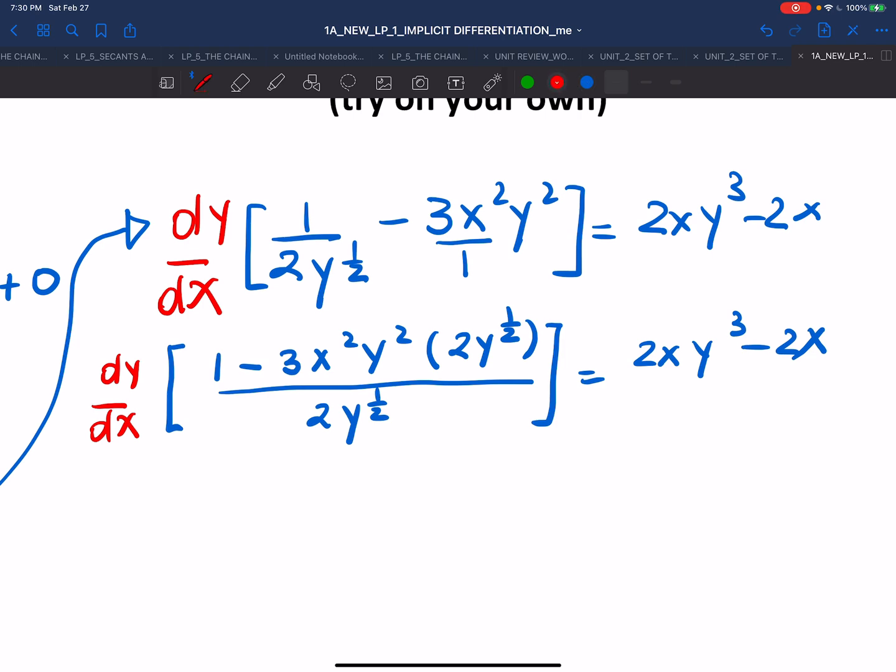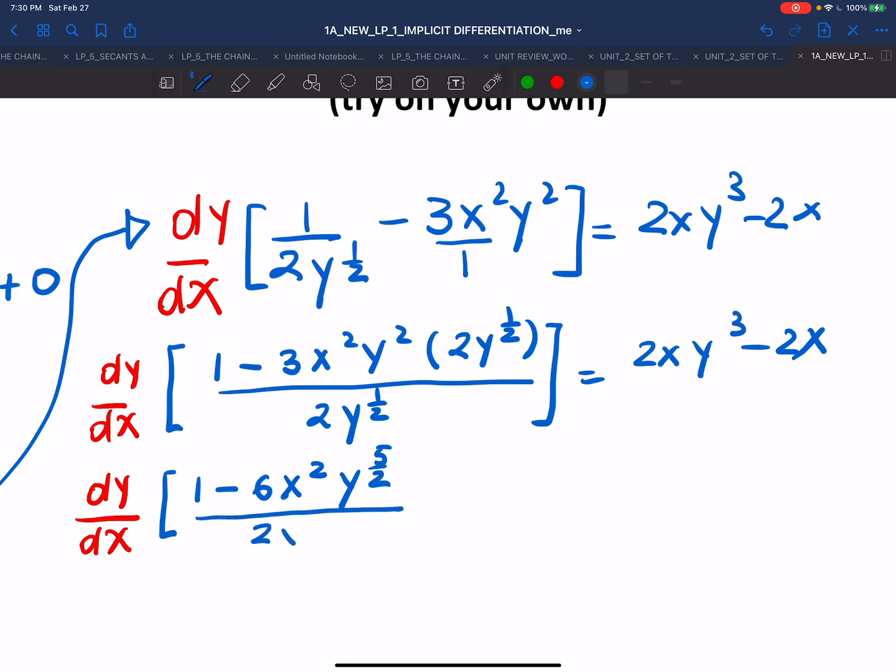A little bit more simplifying for the factor of dy dx. So this would be 1 minus 6 x to the power 2, y to the power of 2.5. So we're adding the powers of 2.5, which is 5 over 2, all divided by 2y to the power of a half, equals 2xy cubed minus 2x.